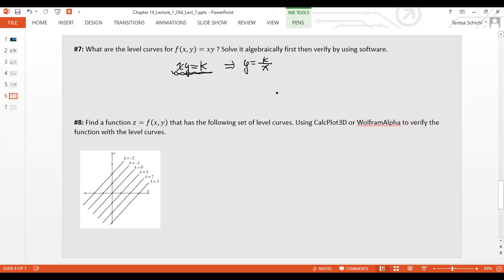Yes, this is a reciprocal function. Typically we know the reciprocal function goes like this, or like this, depending on whether x is positive or negative. So that's why I know the level curve for this surface is going to be a reciprocal function. It goes here or there. Let's take a look at how the software shows us.